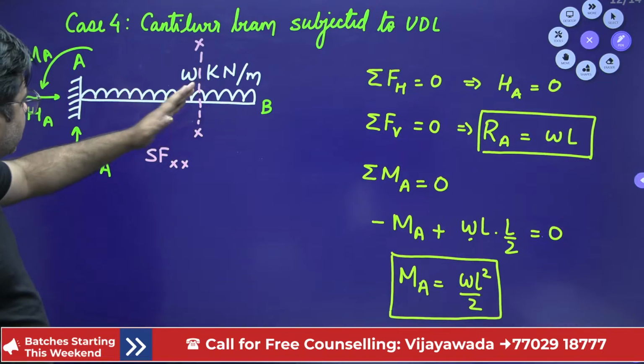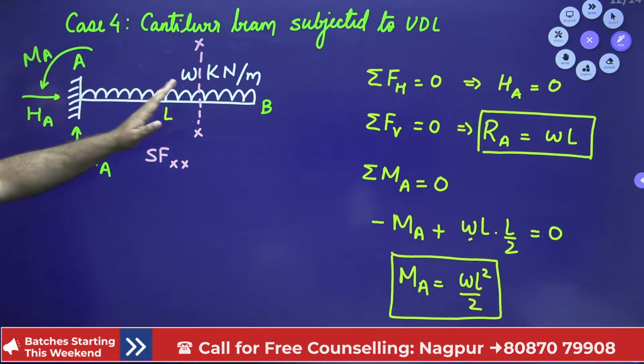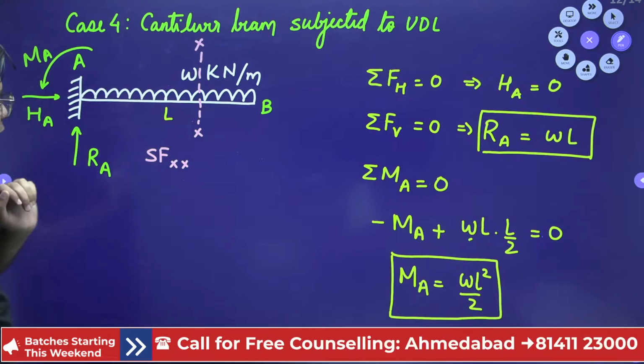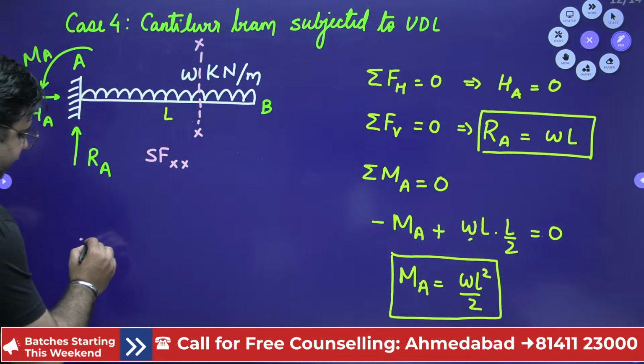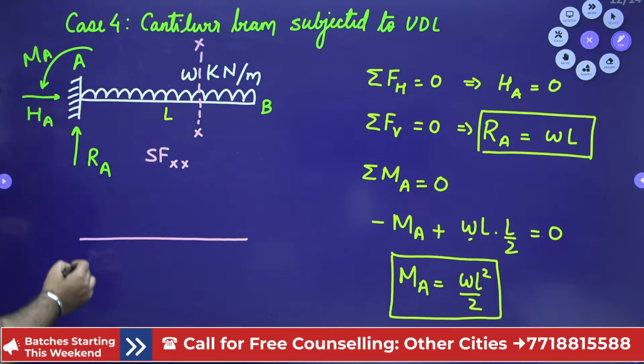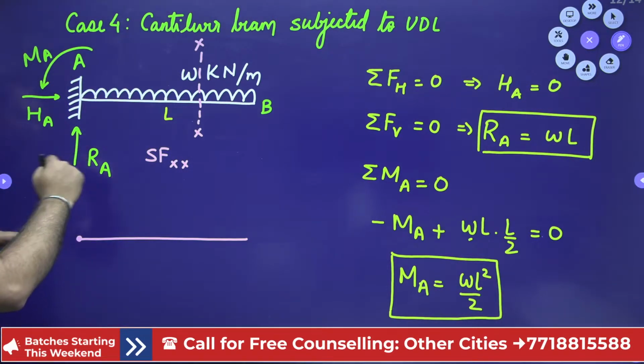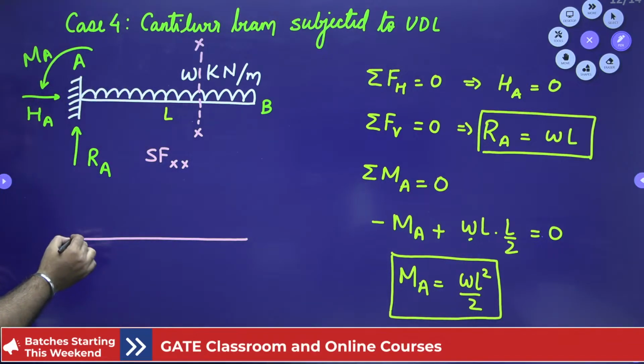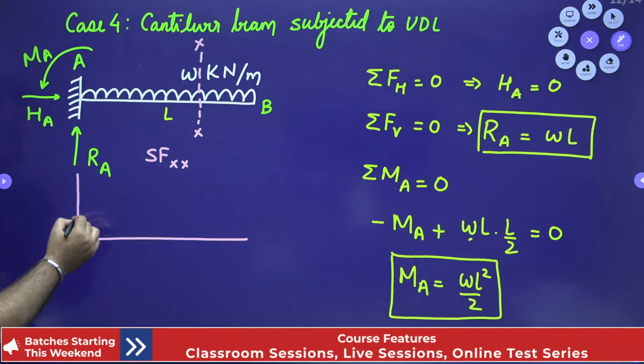We will consider the left side for drawing the shear force diagram. So when standing at point A, you have to move up by the amount of RA. RA is WL, so I'll move up by the amount of RA, that is W into L, right?